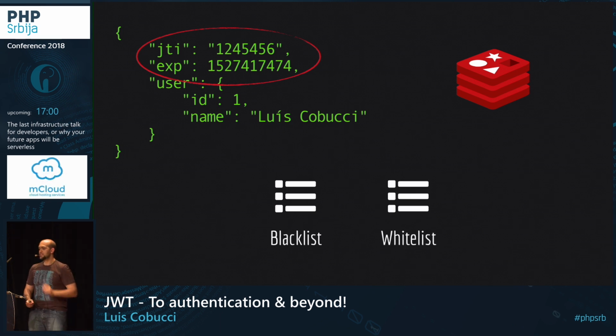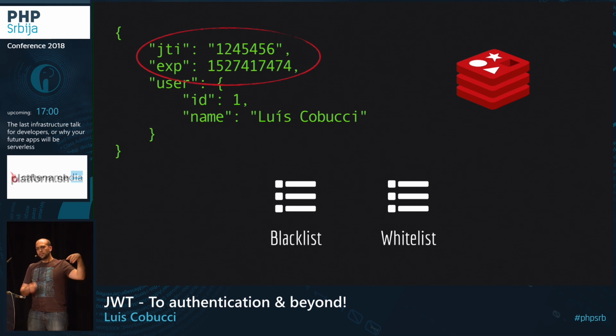We have the second strategy, which is whitelisting. This works a bit differently. So every time you issue a token, and that's very useful if you want to keep track of all tokens that were issued for a specific user. So then when you're removing the user, you're going to revoke all the tokens that he or she got, right?